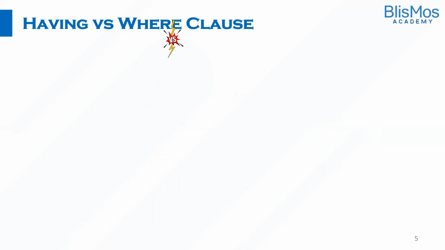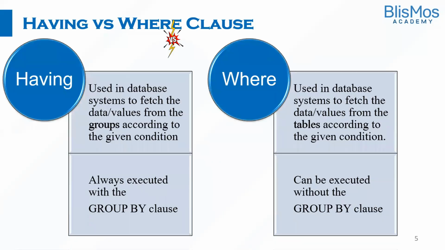We are saying WHERE clause is different from HAVING clause. We are trying to explain the HAVING clause by comparing it with the WHERE clause. We use the HAVING clause to fetch the data or values from the groups.